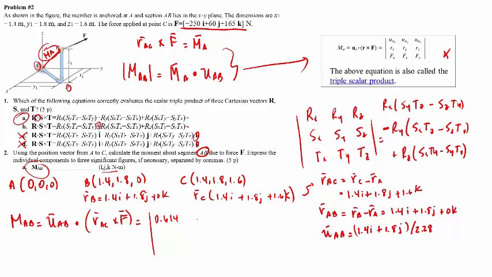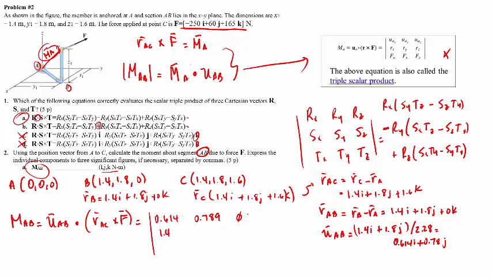0.614, 0.789, and 0, and then 1.4. So this is what's here. 0.614i plus 0.78j.